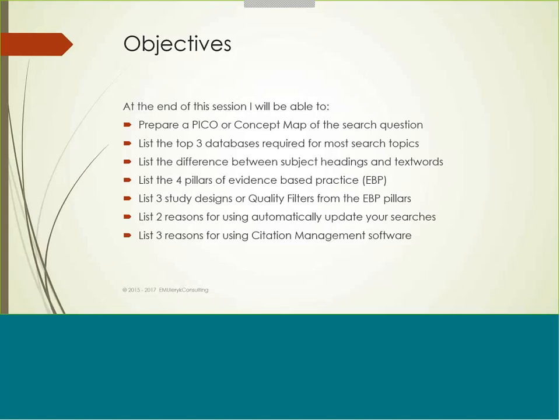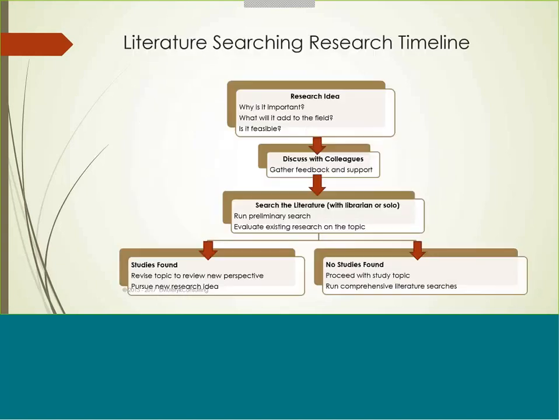Using automatic updates, whether it's through PubMed or the Ovid search platform or ProQuest or EBSCOhost, any of the ones you have access to, can certainly minimize the amount of time you spend searching for additional references. It's one of the things that we normally consider if you're doing a project, systematic review, or guideline, but it's not something that you necessarily think of for everyday applications. And of course, citation management.